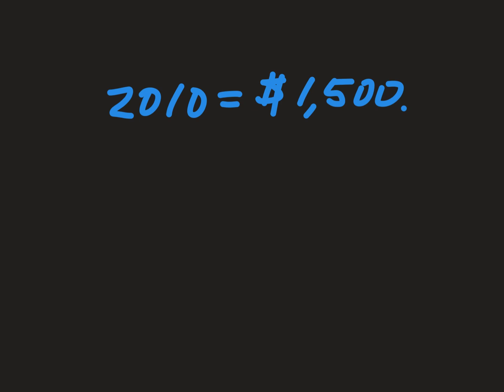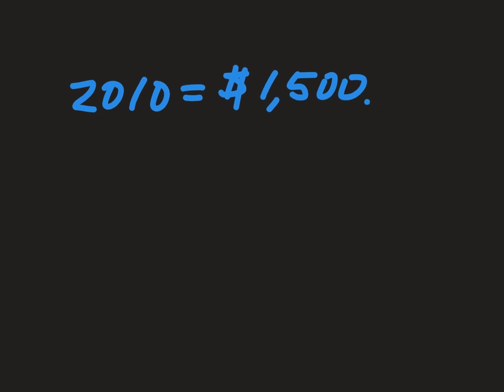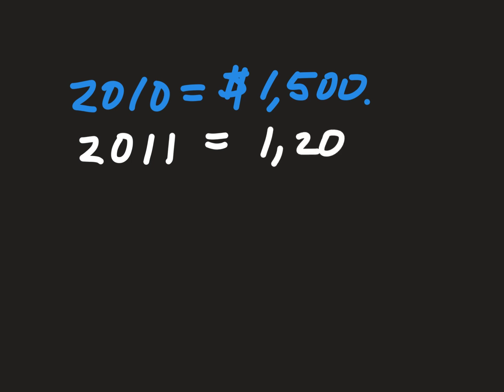All right, so use your skills now with your calculator. I checked the value of my used TV in 2011 and it had already gone down and I could have only sold it for $1,200, and by now it's way worse than that.